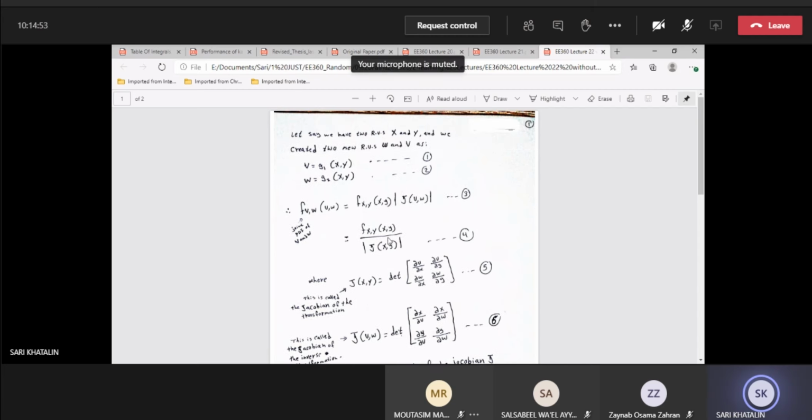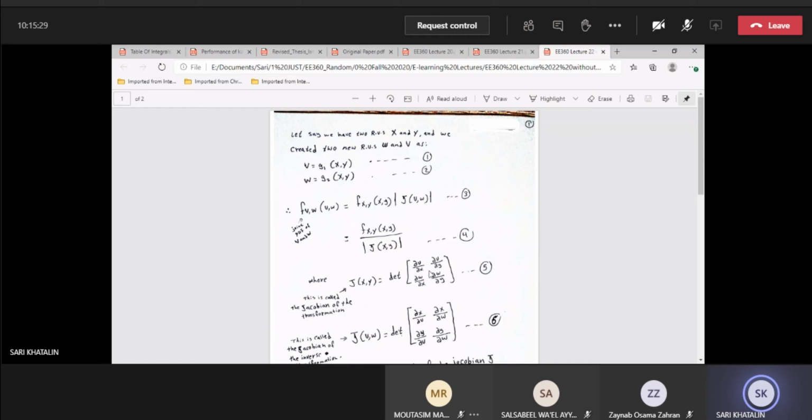Of course, it's all coming from these two functions. For the first one, we take the partial derivative of v with respect to x, and v with respect to y, and then the partial derivative of w with respect to x, and of w with respect to y. Once you have the matrix, you can find the Jacobian of x and y: this times this minus this times this. We all know how to do that.